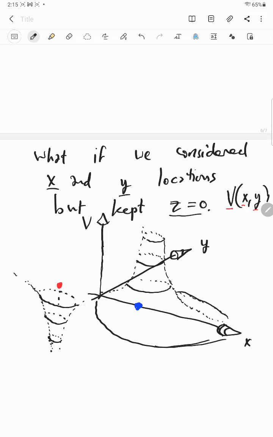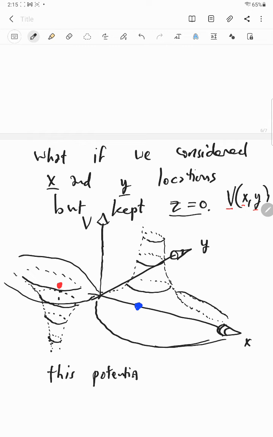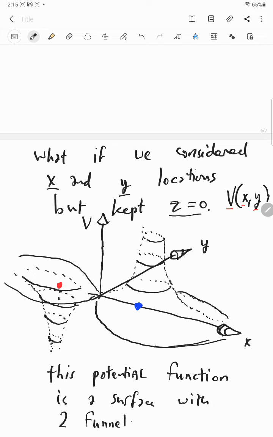So this potential function is a surface with two funnels.